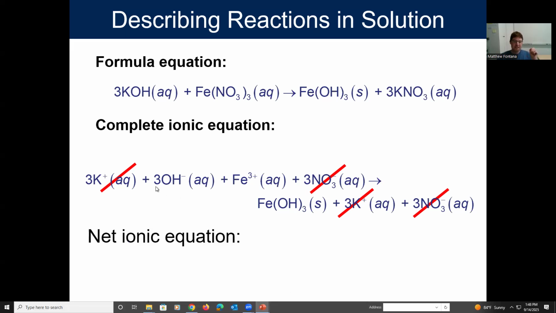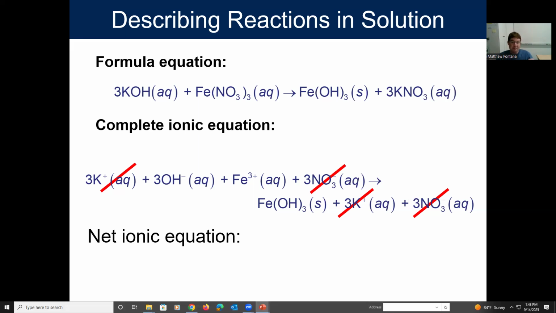You'll notice that we have 3K plus on the left-hand side, and we also have 3K plus on the right-hand side. So it shows up on the left-hand side, and it shows up on the right-hand side. What that means is we can cancel those terms out from our equation because nothing's happened. It started there and it ended there. So we can just ignore it because it's not participating in any of the chemistry.